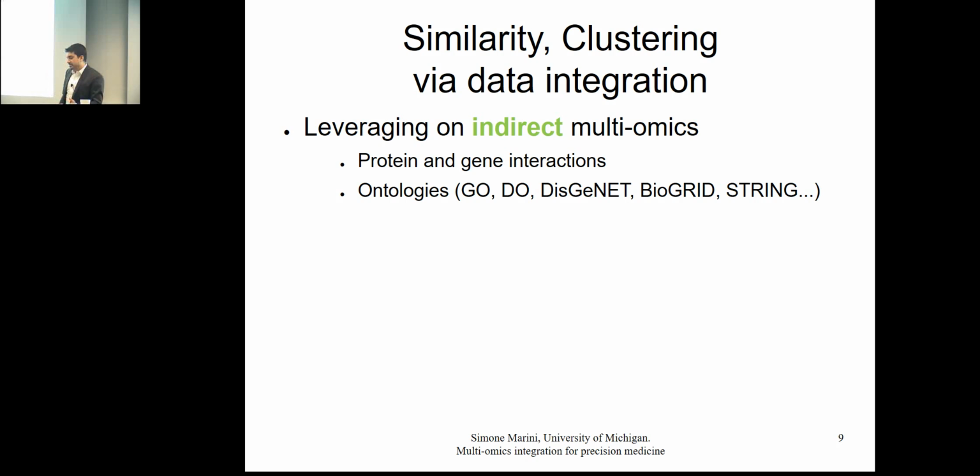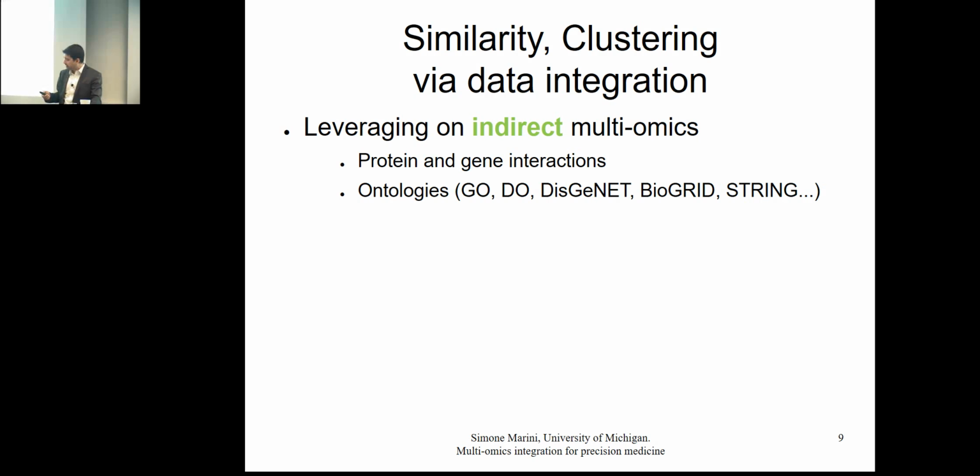Which kind of information can I drag out of decades of biology and medicine? We have ontologies such as the gene ontology, the disease ontology. We have databases connecting genes and diseases. We have protein databases, protein interaction databases, gene interaction databases, and so forth.